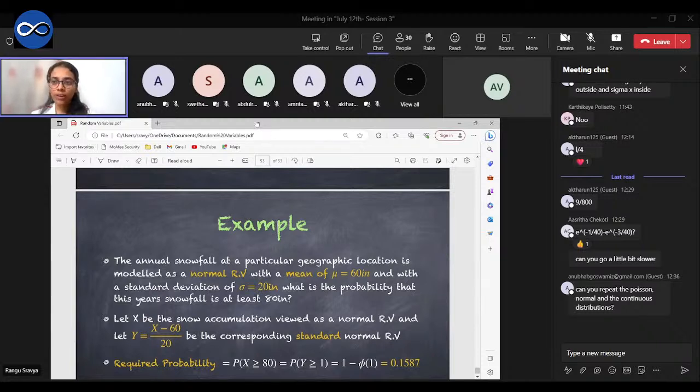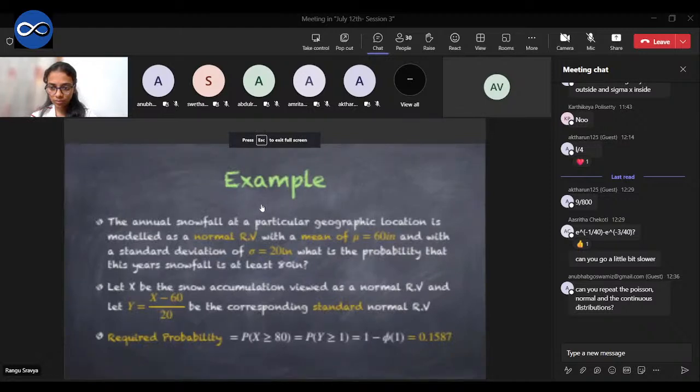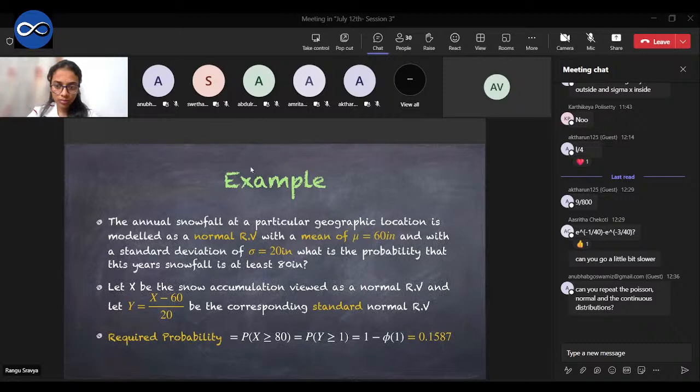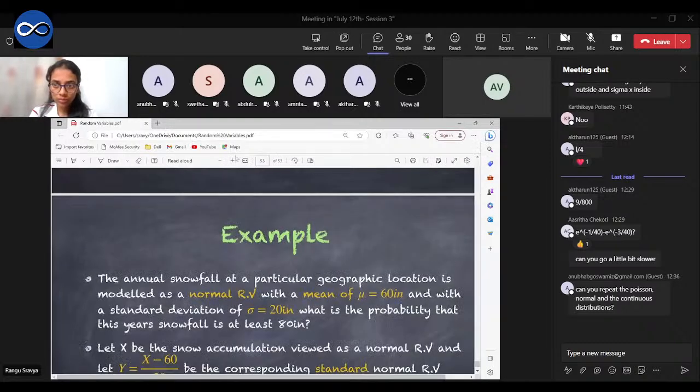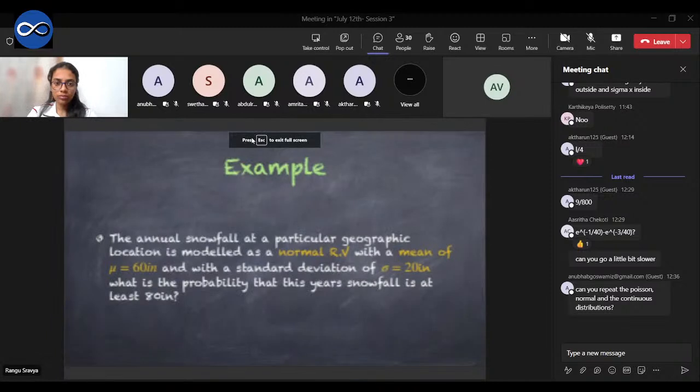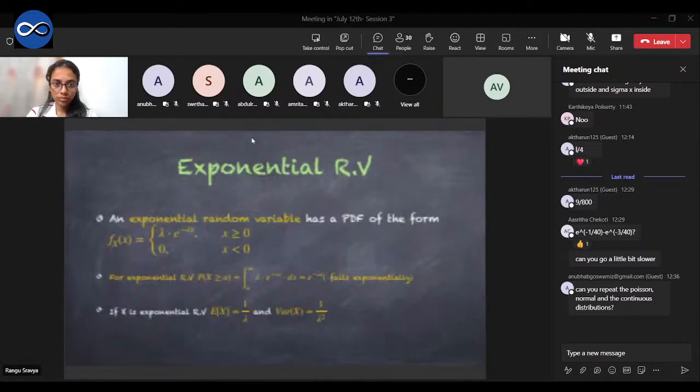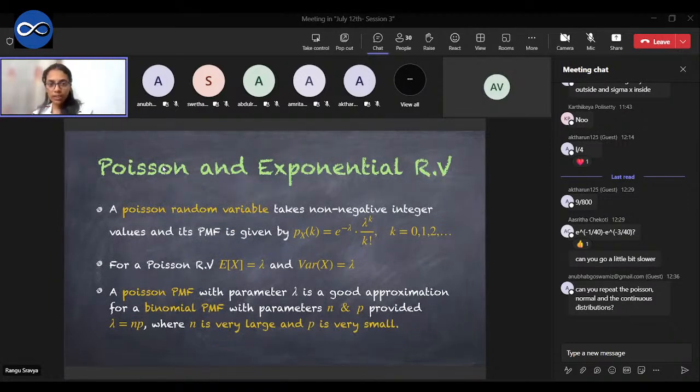Poisson is nothing but a random variable which has a PMF of this form: e to the power minus lambda into lambda to the power k by k factorial.